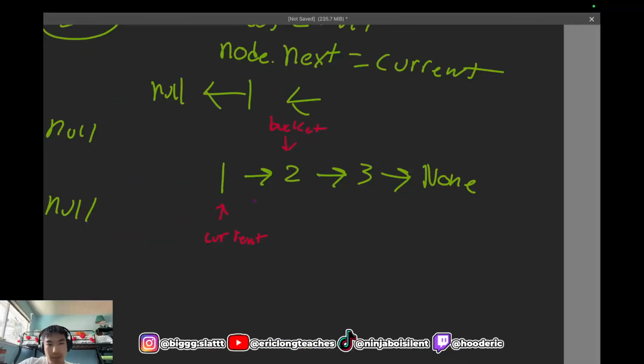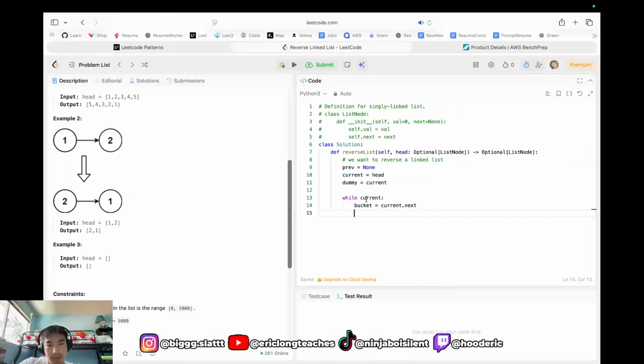Right, so that's going to be 2. So we want to sever this line from 1 and point that to this. So how can we do that? We could do current dot next is going to equal the previous.